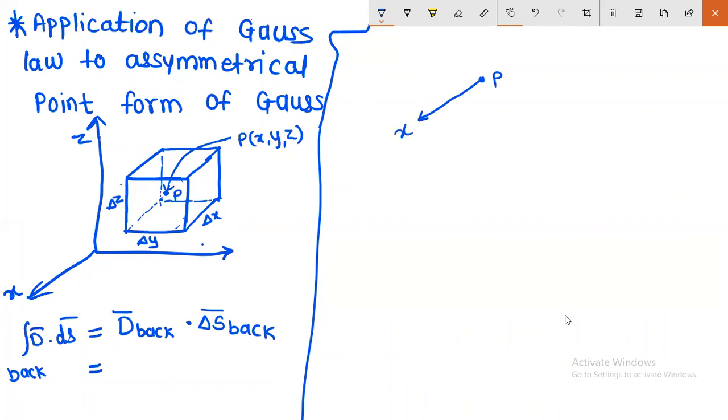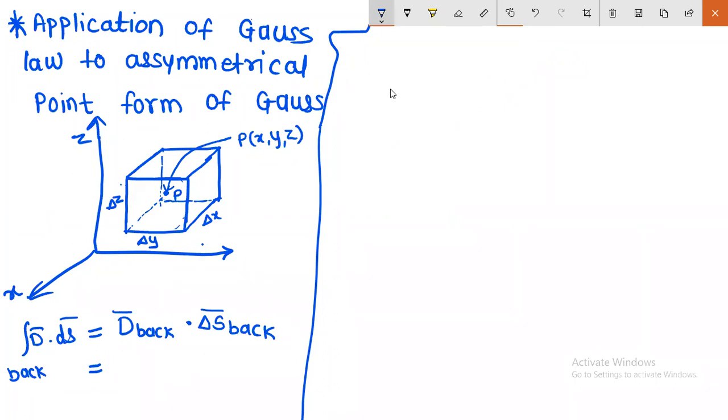But when you are going to the back side, you have to go in the negative x direction. So if you come to the front side, you are coming in this direction, but when going to the back side, in which direction are you going? Negative x direction. So you have to consider that vector as minus A bar x.